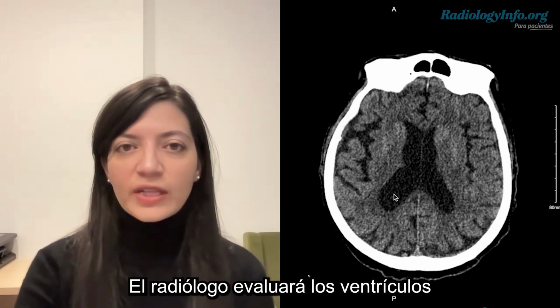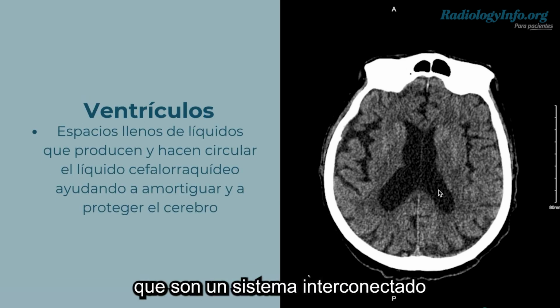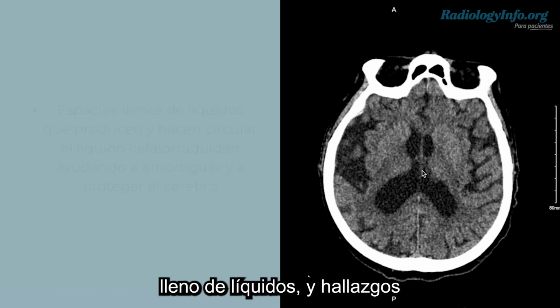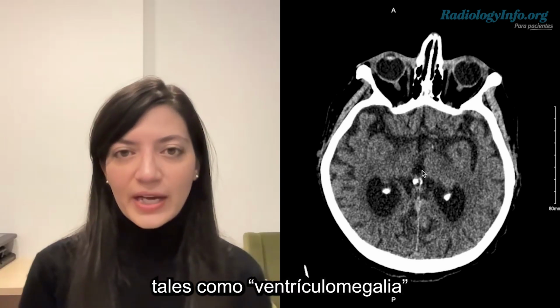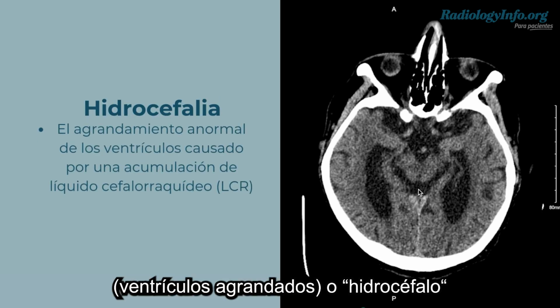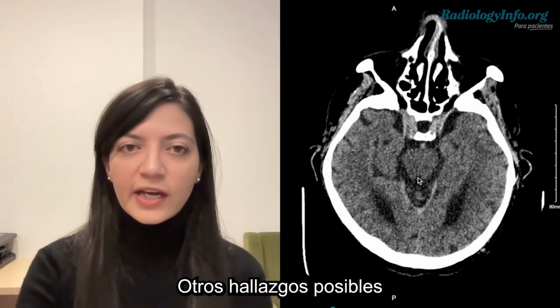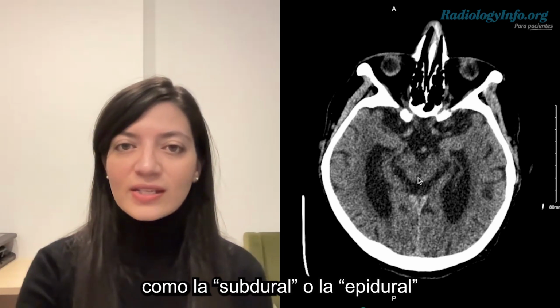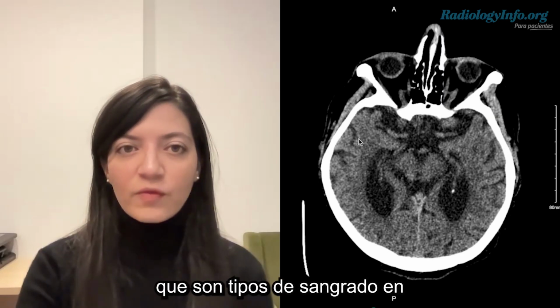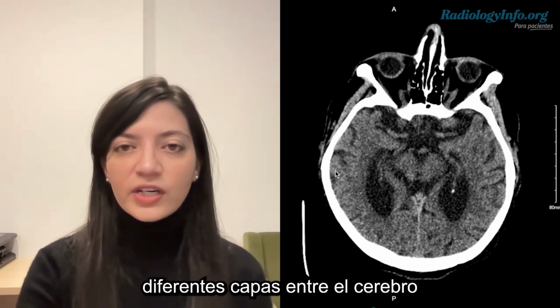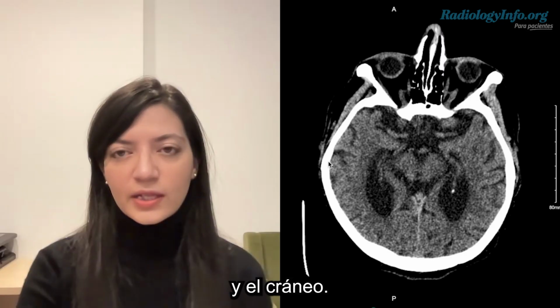The radiologist will assess the ventricles, which are a fluid-filled interconnected system, and findings such as ventriculomegaly, enlarged ventricles, or hydrocephalus would indicate fluid buildup. Other possible findings include hemorrhage, such as subdural or epidural, which are types of bleeding in different layers between brain and skull.